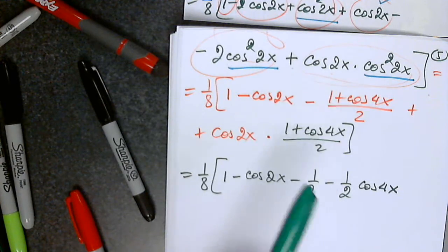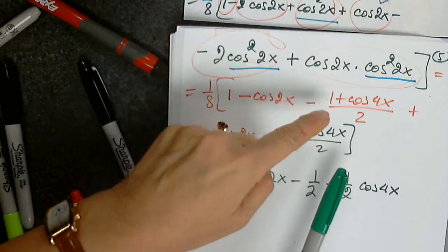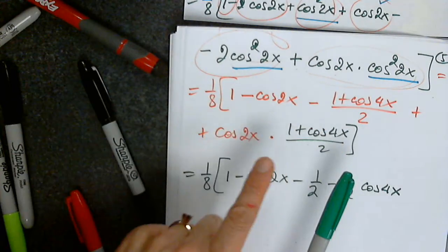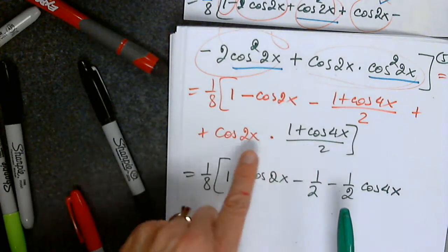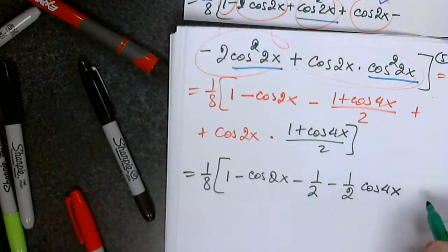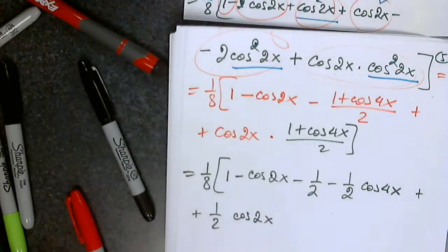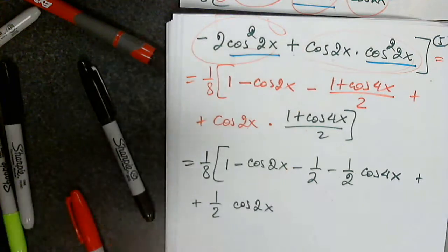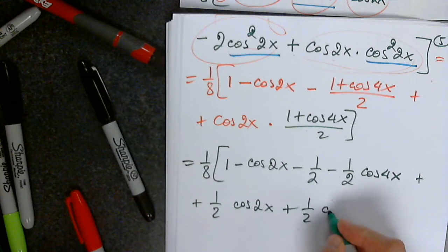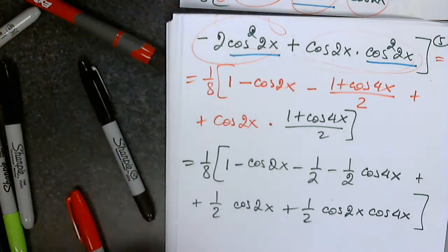Then I separate, I'm at the last term now. I separate this into 1 over 2 plus 1 over 2 times cosine 4x, and at the same time I distribute cosine twice x. So 1 over 2 distributed to cosine twice x is positive 1/2 cosine twice x. And then I have 1 over 2 times cosine, so positive 1/2 cosine twice x, cosine 4x. It's not done.